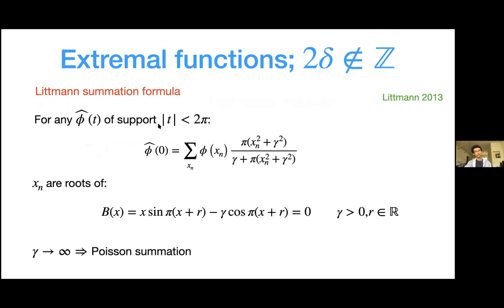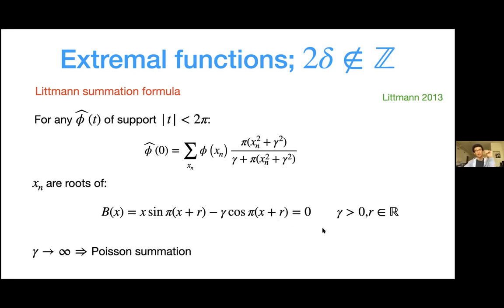Suppose you have a band-limited function with support up to pi. Then the following formula is true: the zero mode of such a function is given as a sum of the function itself at some discrete set of values xn times some prefactor, and these xn are roots of this trigonometric function.